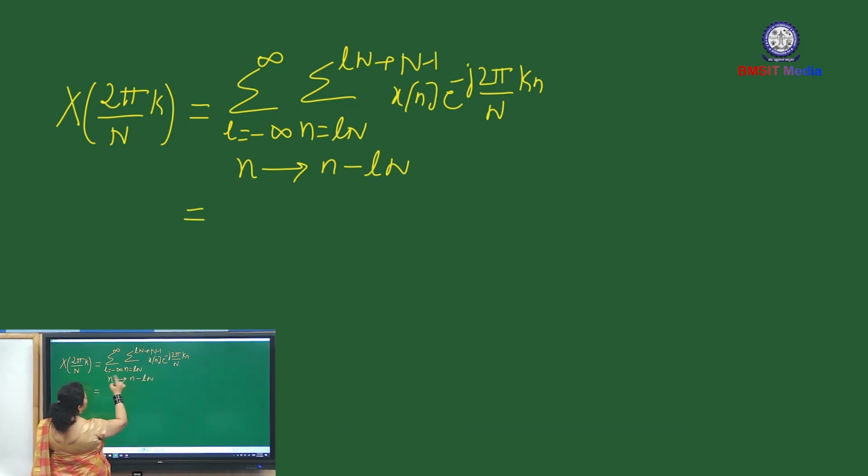And I am also changing the order of the summation. So n comes outside. Now n varies from 0 to N minus 1, I am replacing n with n minus lN.